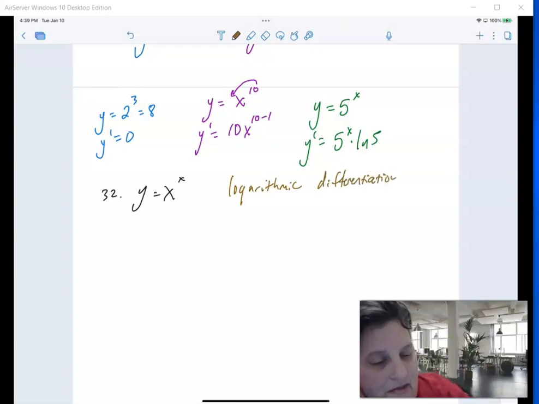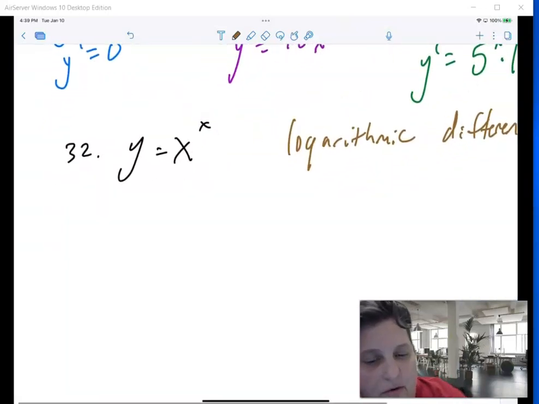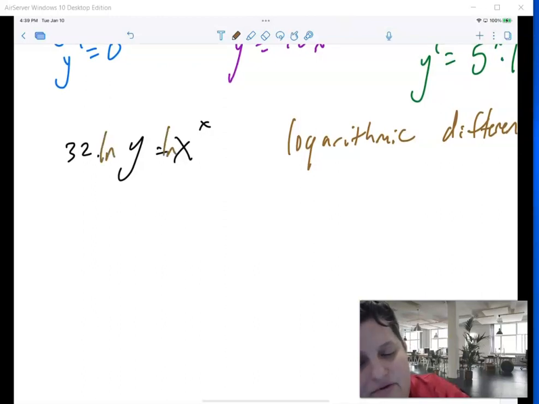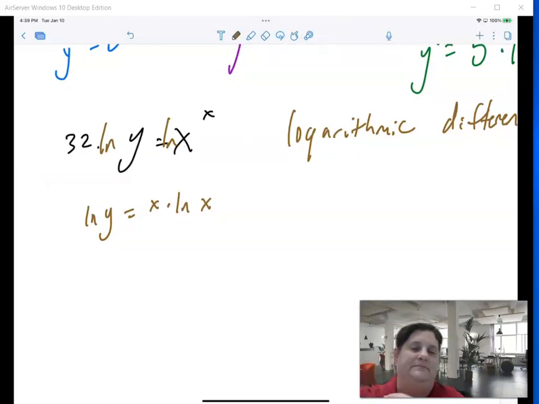Logarithmic differentiation says, I don't know how to take a variable to the power of a variable, but what I do know is if I take the ln of both sides, there's a property that says I can bring that exponent down in front. So I'm going to take the ln of y and the ln of x to the x, and bring that down in front. So it just says x ln x. That's the log property.